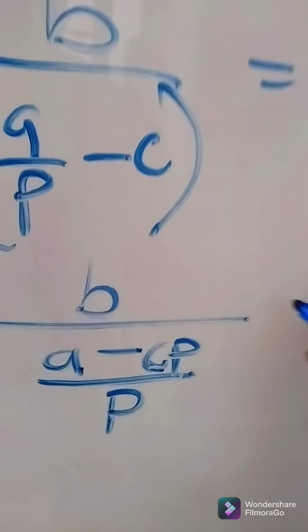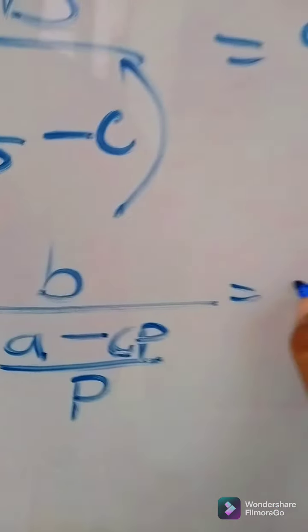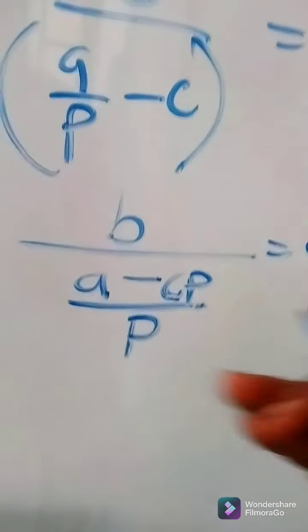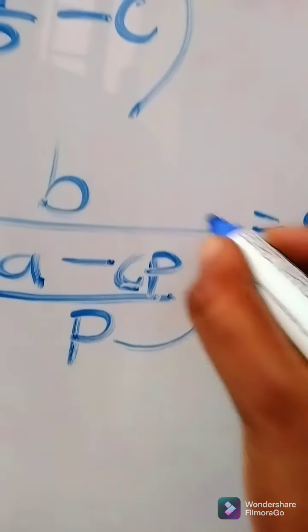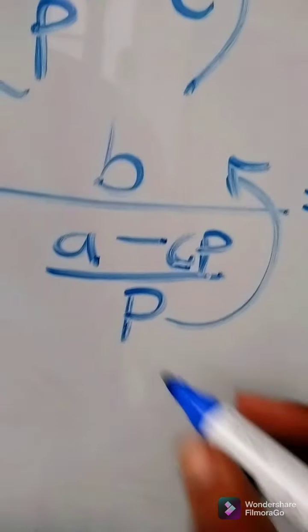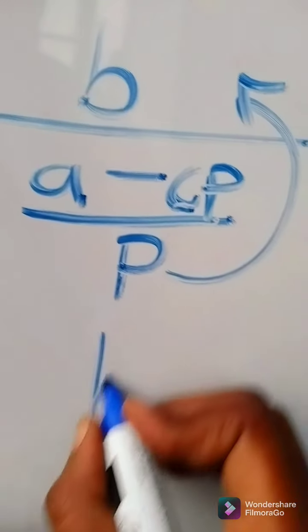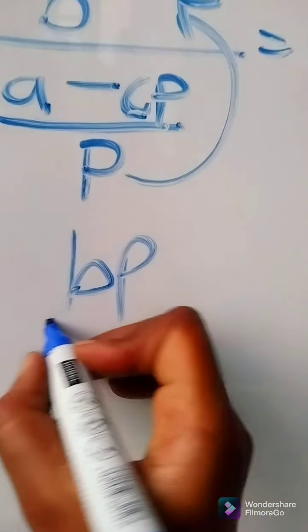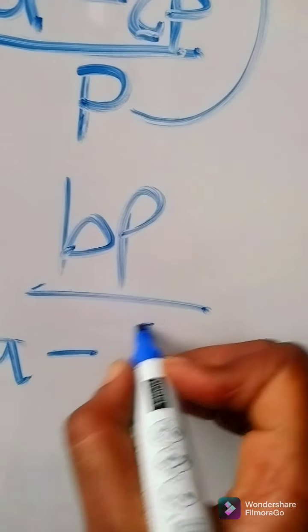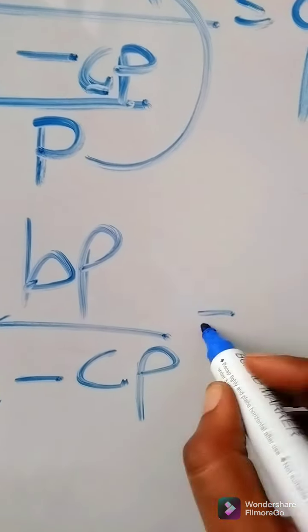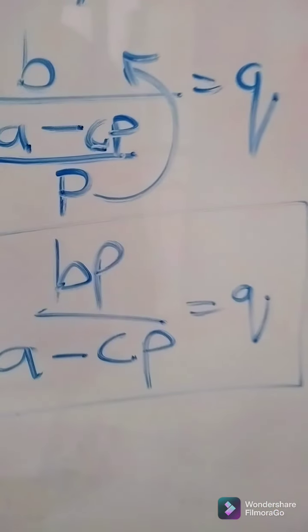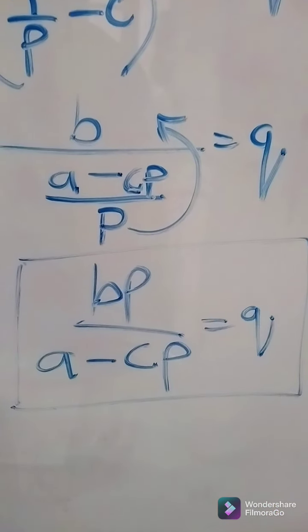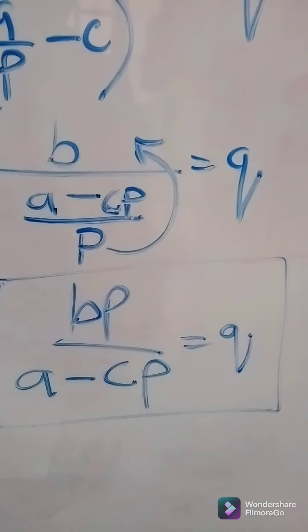So b all over (a minus cp) all over p equal to q. This p will jump up, giving us bp all over a minus cp equal to q. So our function, subject of the formula, is bp all over a minus cp equal to q.